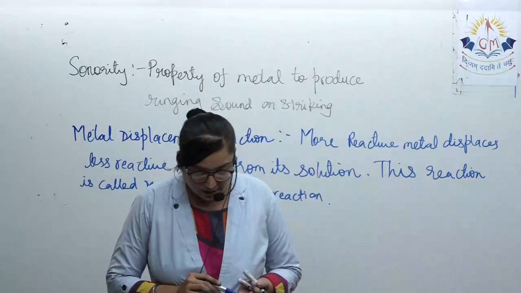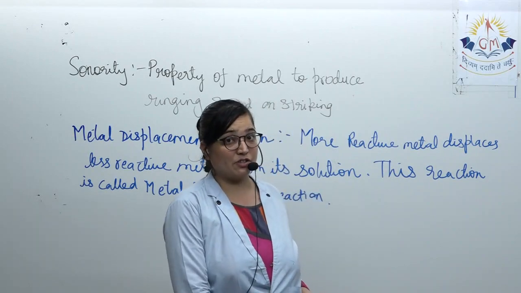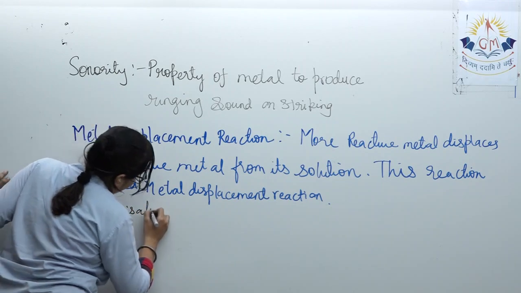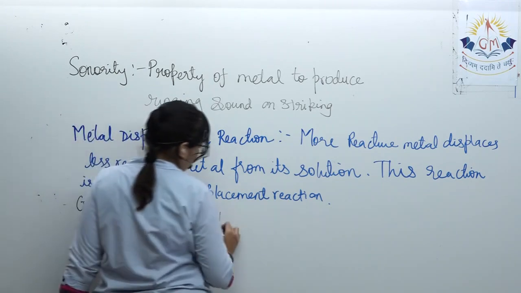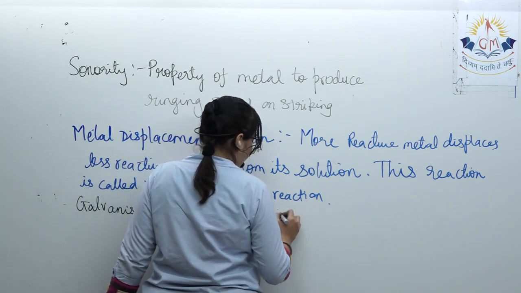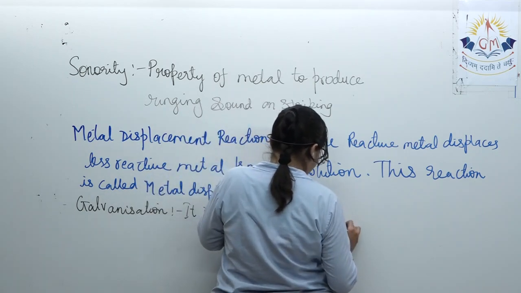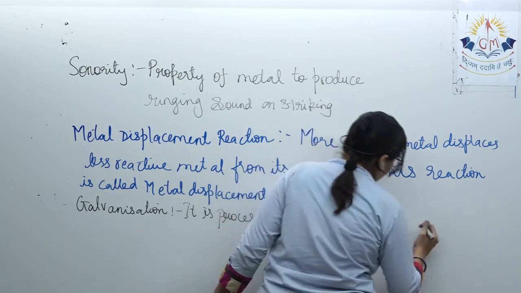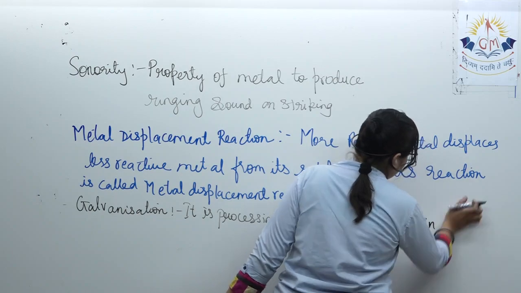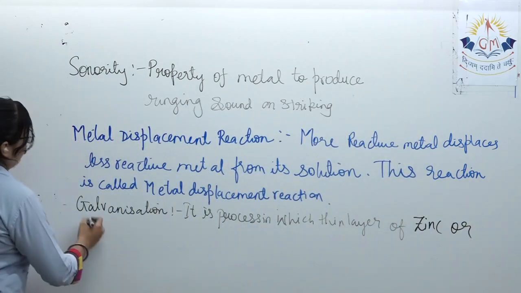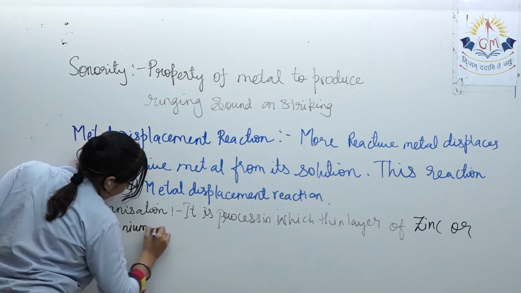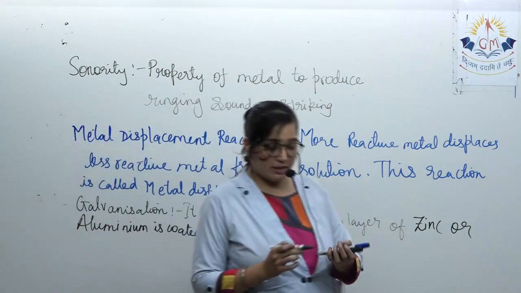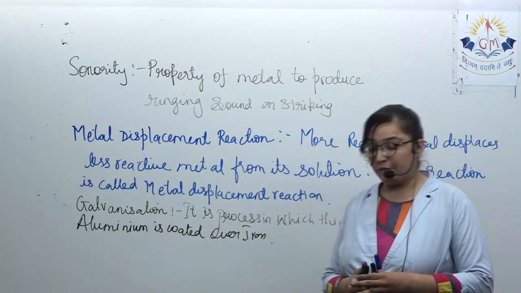Coming to the next one, galvanization. It is a process in which a thin layer of zinc or aluminium is coated over iron to prevent corrosion.